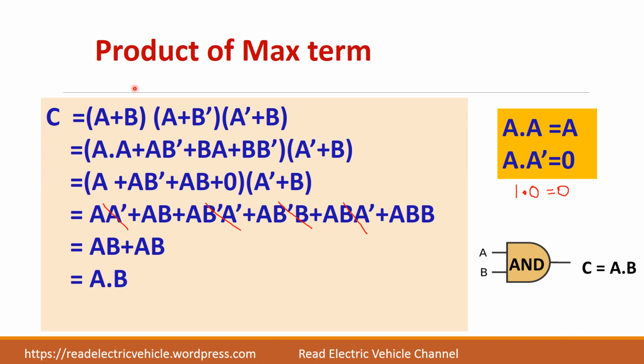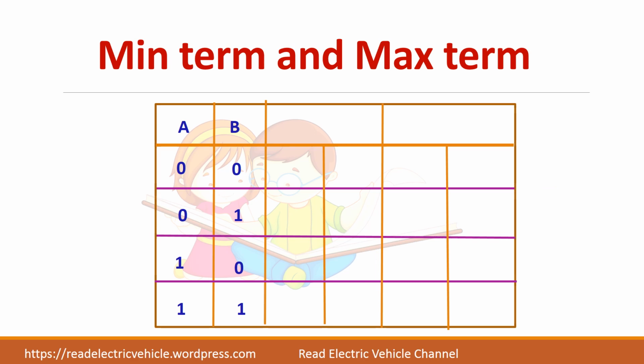So we have derived the output expression using product of max term. Let us summarize what we have seen for minterm and max term. For two variables, you will get 4 combinations, that is 00, 01, 10 and 11.